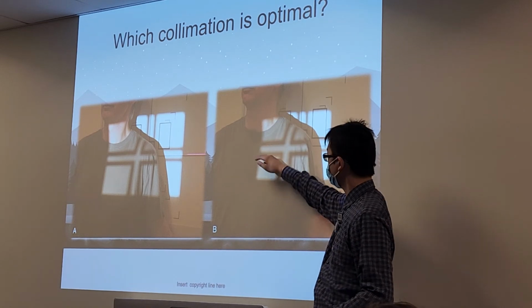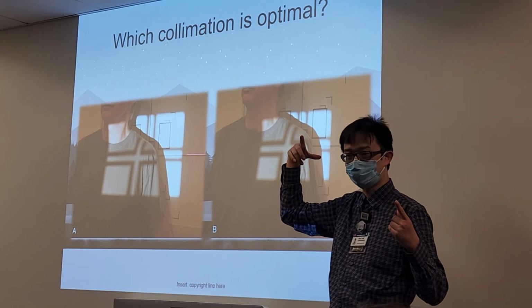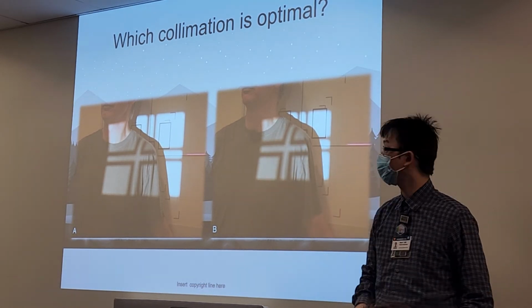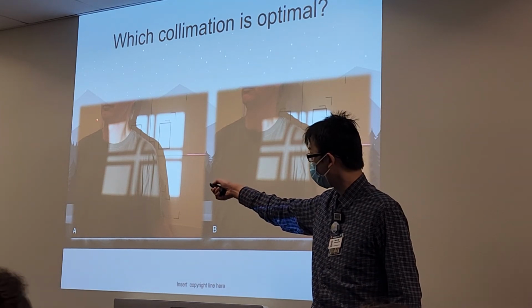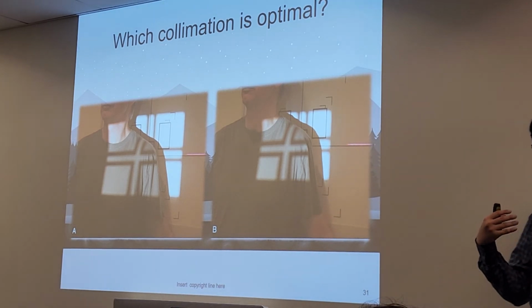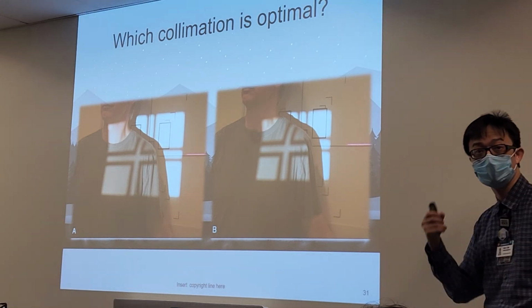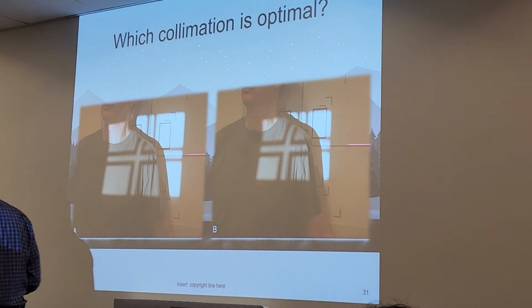You can't cut off this light because your collimator is a rectangle, but we have limited this to only the anatomy necessary. Over here, we're catching the neck and the spine. We don't need all of that on a shoulder X-ray. We only want the shoulder right here. So, B is the more optimal collimation.